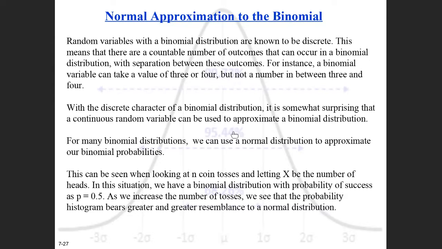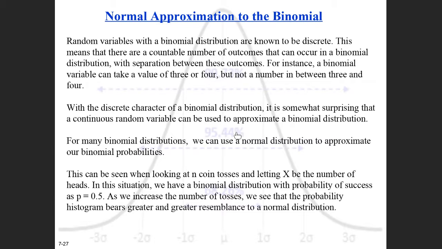With the discrete character of a binomial distribution, it is somewhat surprising that a continuous random variable can be used to approximate it. And you're saying, so what? Because there may be instances where you have a binomial or a normal distribution, and you want to approximate it to make it look like the normal curve.